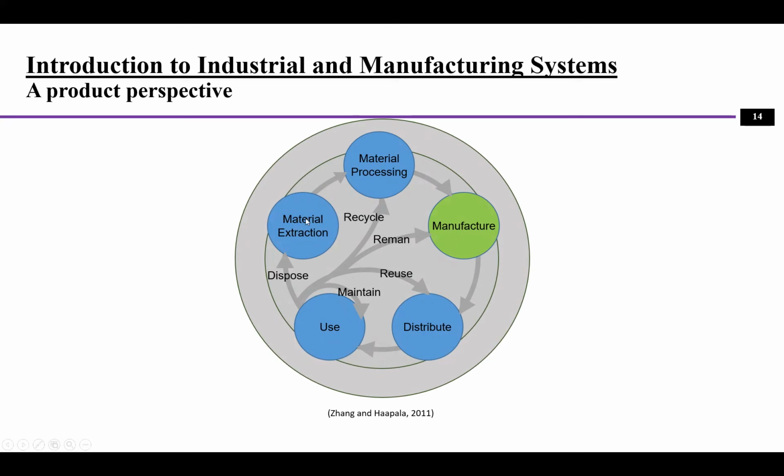At the very beginning stage, we start with material extraction, where we get the material from the ecosystem, for example, iron ore, right? Then what we need to do is process the iron ore into, say, metal sheets, in material processing companies or facilities. Those metal sheets will be transported to the manufacturing company, where they will be converted into a car or some other metal equipment.